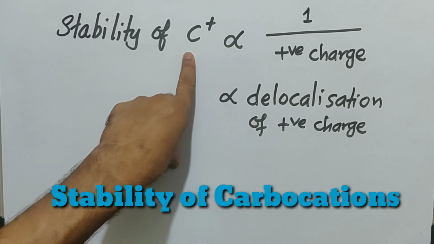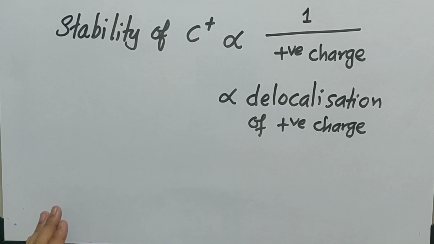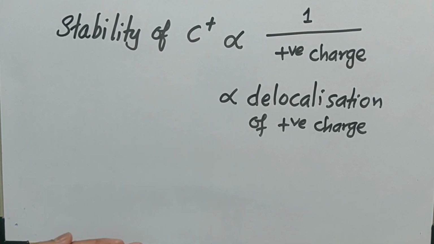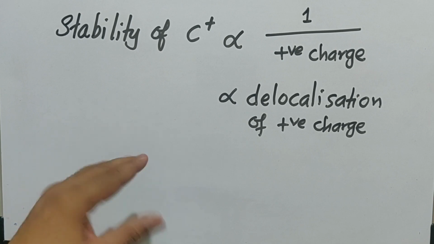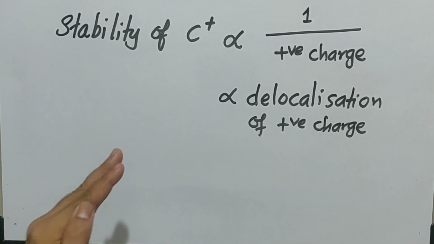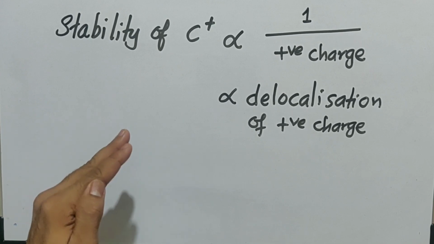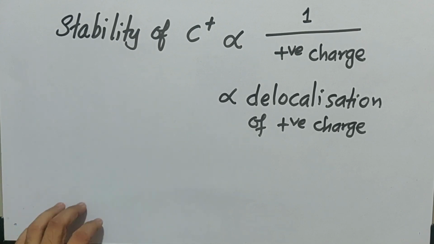As the positive charge on carbon increases, the chance of attack of negatively charged species also increases. As the positive charge on the carbocation decreases, stability increases, and the chance of attack of negatively charged species decreases.